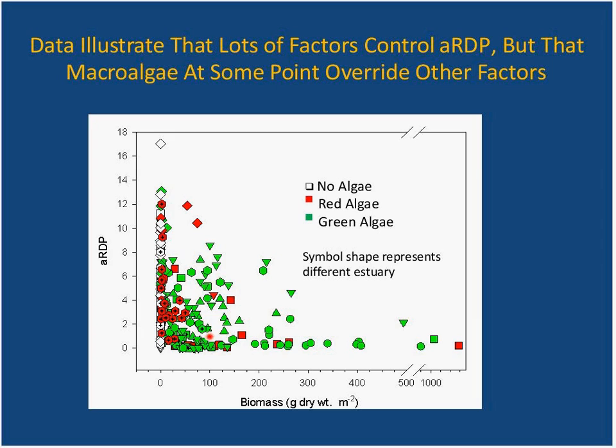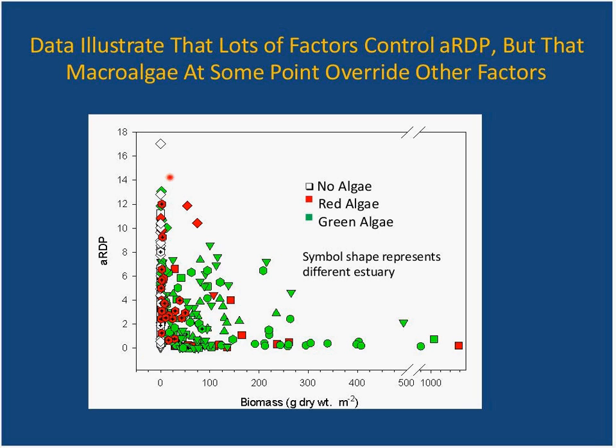In general, what I want to convey first is that there are a lot of things in these estuaries that are controlling ARPD, not just macroalgae: sediment organic carbon, the hydrology, the presence of toxic contaminants.